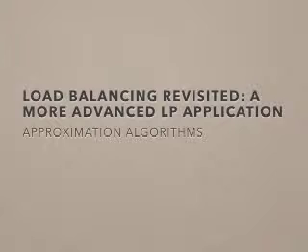In the simple load balancing problem we considered earlier, each job j can be assigned to any machine i. Here, on the other hand, we will restrict the set of machines that each job may consider. That is, for each job there is just a subset of machines to which it can be assigned.